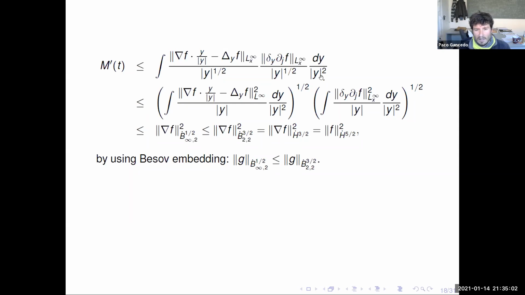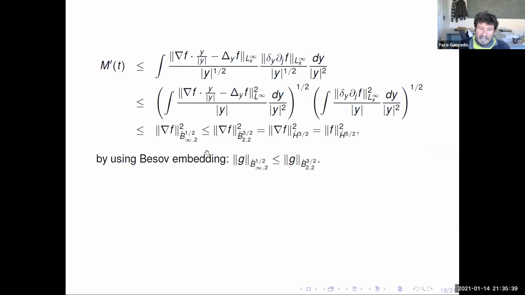Good. I'm going to put all the singular part here, and then I'm just going to do Hölder. Okay, I'm going to get something like that. And I can realize, doing a little bit of effort, but not too much, that this is less than or equal, or probably equal, to the gradient of f in a Sobolev norm, in a Besov norm, with the exponent q, L infinity, the p coming from the L infinity here.